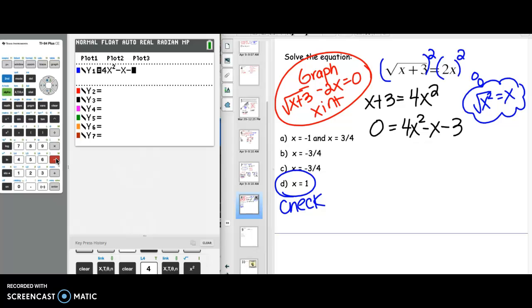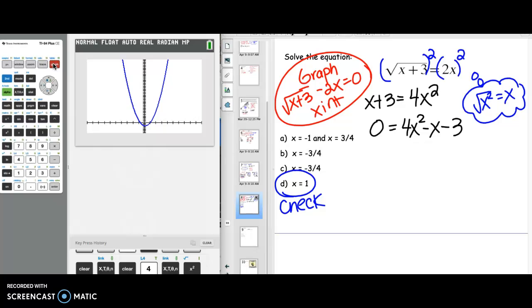Negative 12 would be negative 4 and positive 3, or factor that. Oh, but there's a 4 in front. So x equals 1. You can see here, this is probably negative 3/4. I'm just going to say, judging by the multiple choice, x equals negative 3/4.